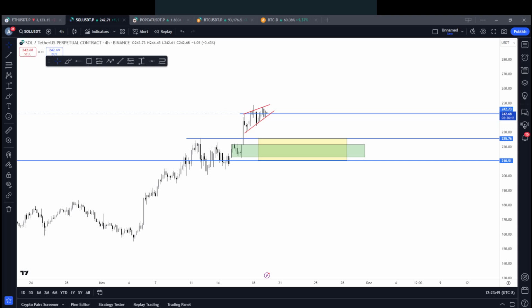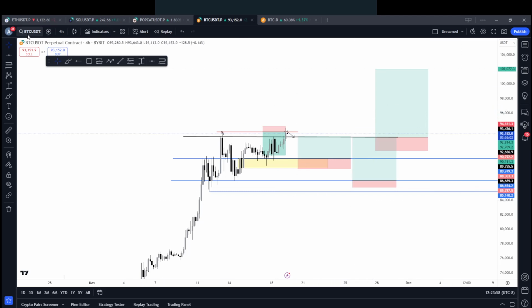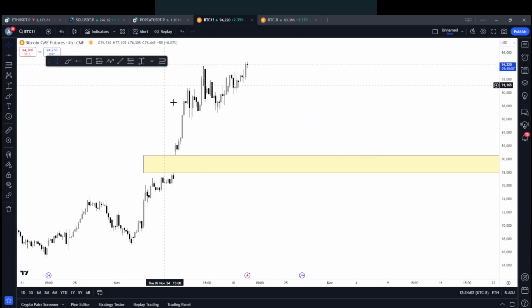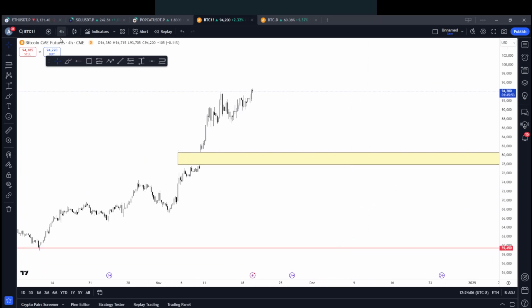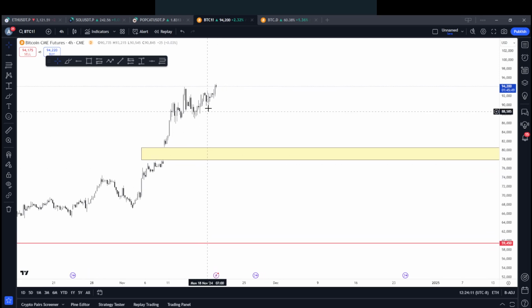Do you think Bitcoin could retest the major support at 72K? Well, yes and no. Let me show you why. So we have that stupid CME gap, right, from 77 to 81K, all right?